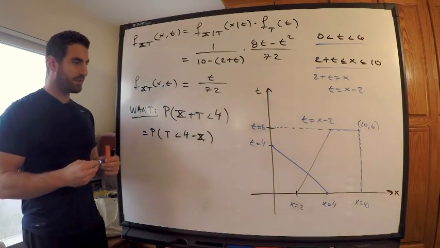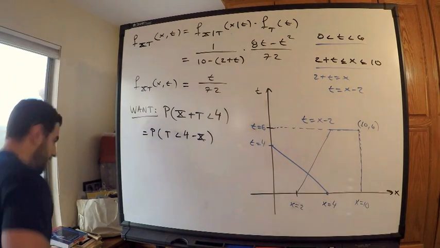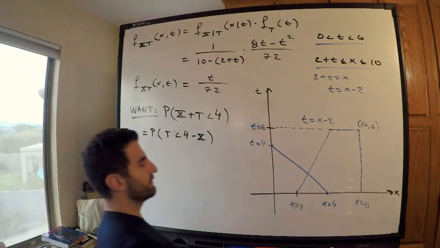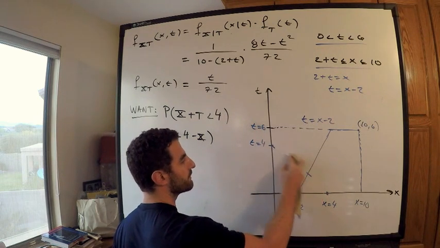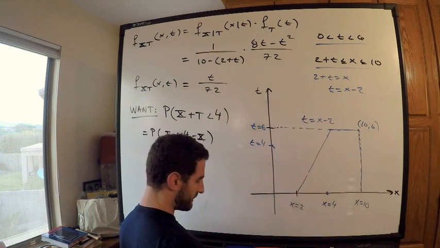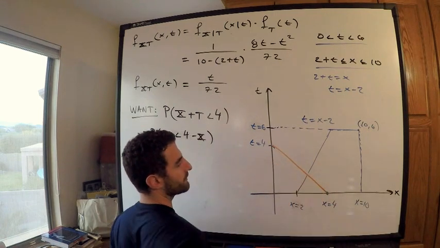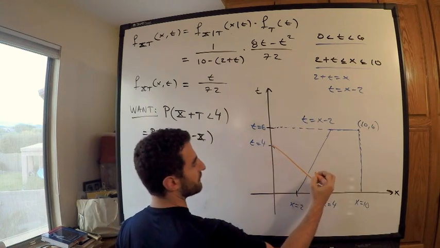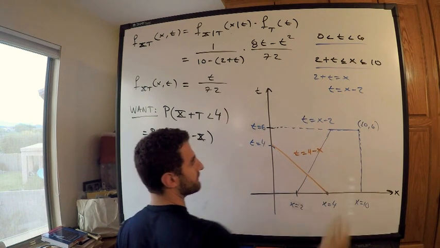So this line, let's make it orange actually, so we can see a little bit better what's going on. Okay, so this orange here is the line t equals 4 minus x.